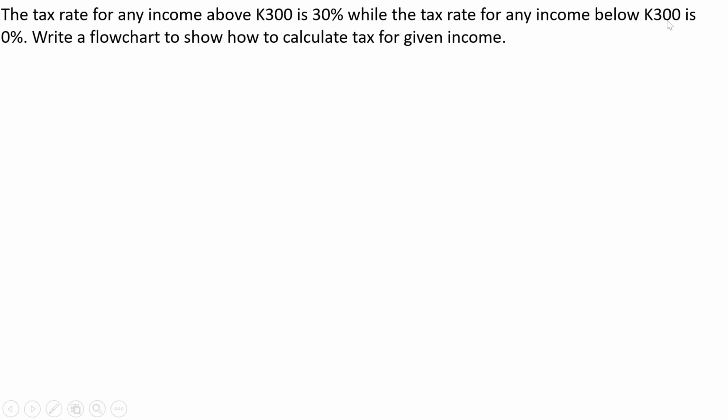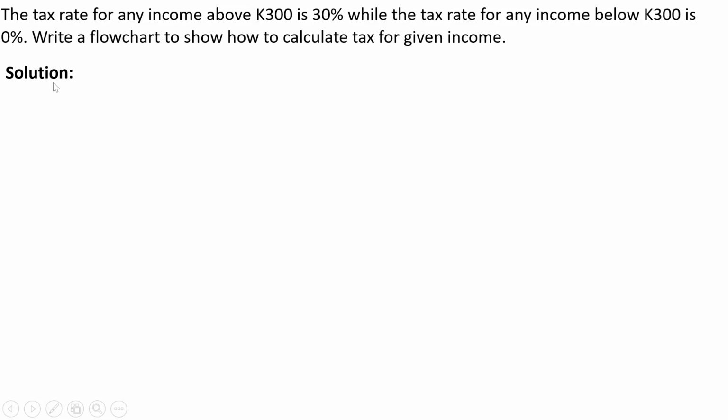I hope someone can understand from there how tax is calculated, because failure to know that will make this question very hard. If you can't understand the question, how can you solve it? So the tax rate for any income above 300 is 30%, while the tax rate for any income below 300 is 0%. Write a flowchart to show how to calculate tax for a given income.